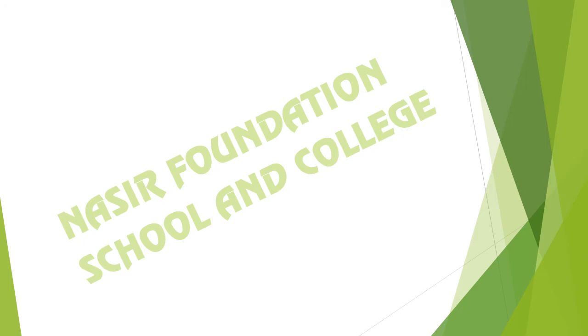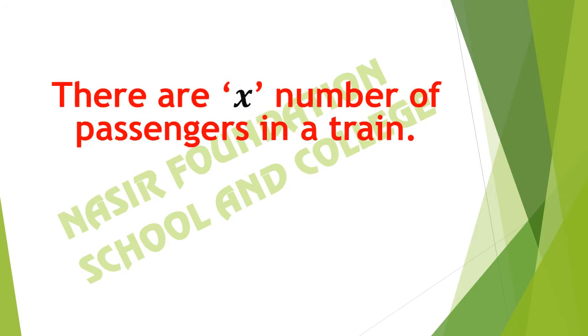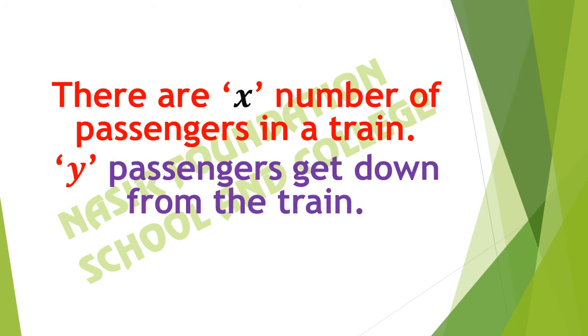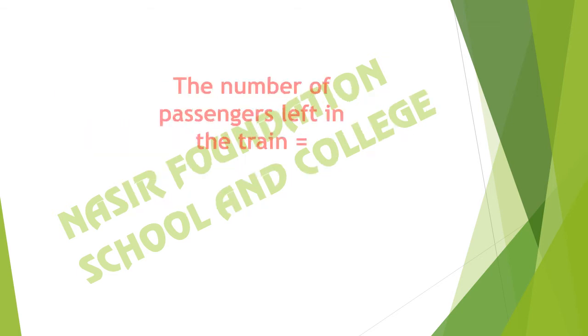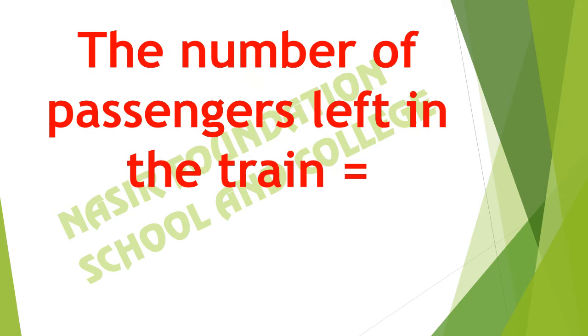Let's take another example. There are X number of passengers in a train and Y passengers get down from the train. If we want to find out the number of passengers left in the train, what will we do? Can you tell me? Let me tell you.